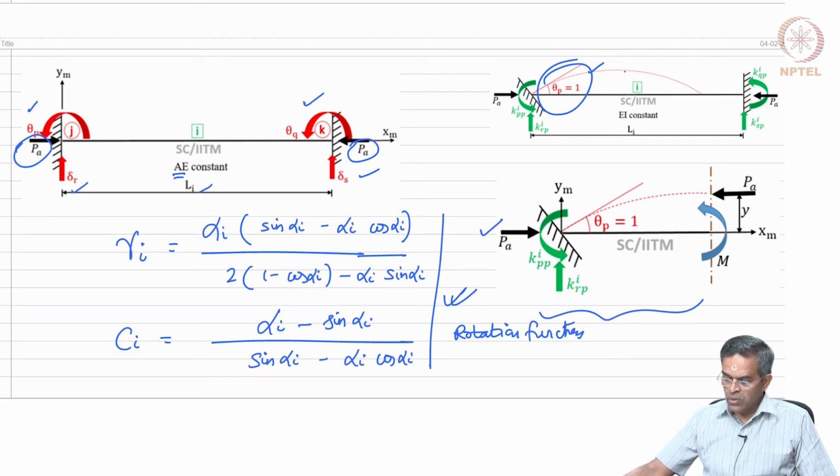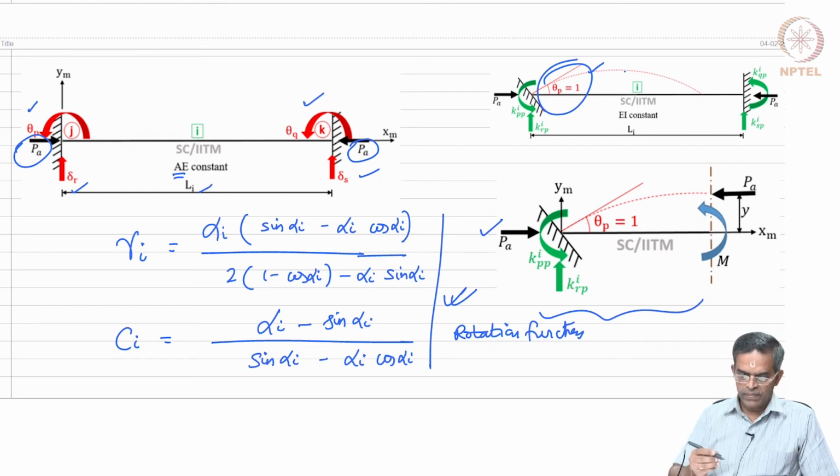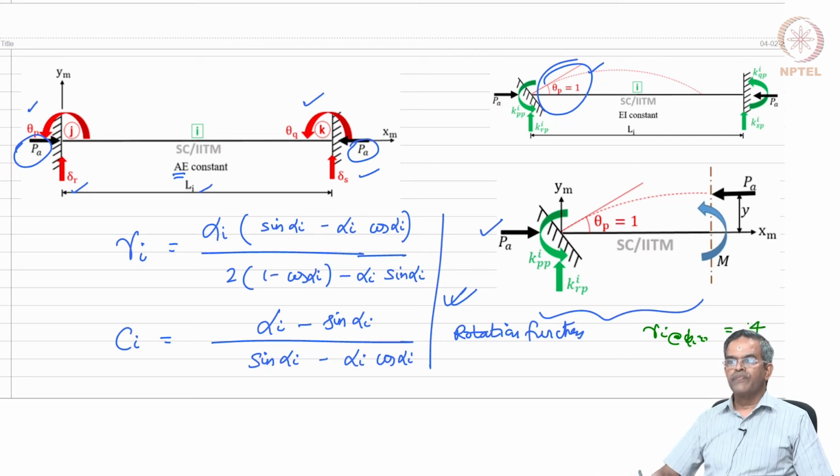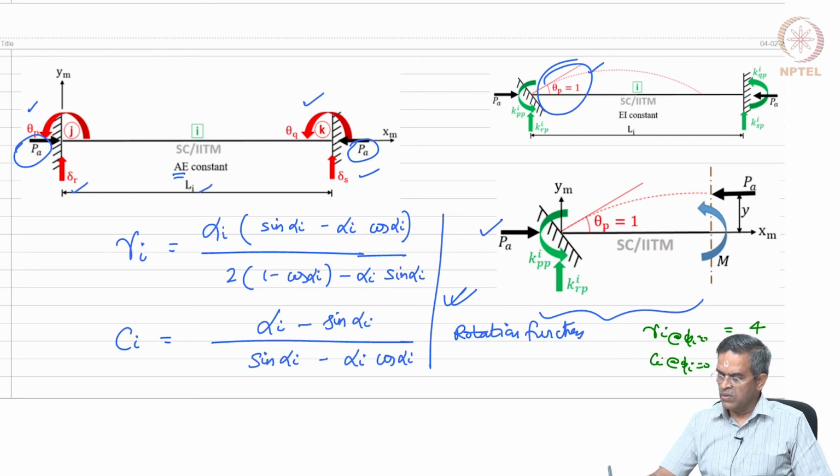We also showed that at axial load 0, Ri is 4 and Ci is 0.5, is it not? We used L'Hospital's rule to derive this.